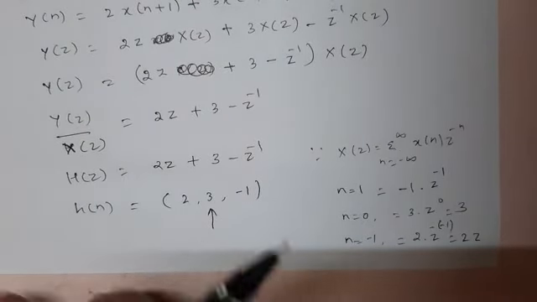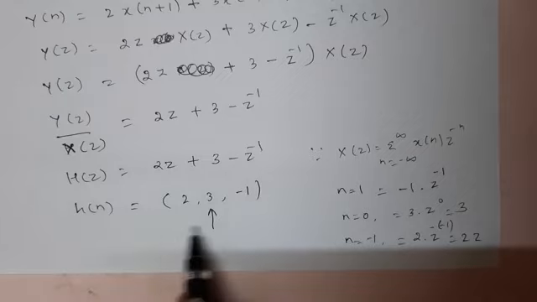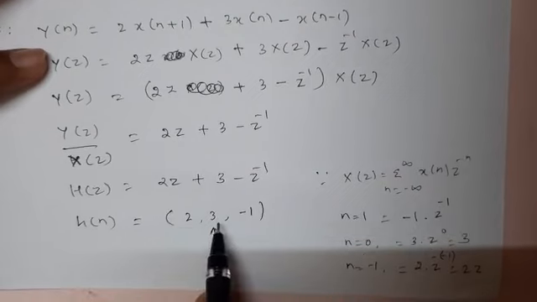Now with this you have to tell whether it is causal and whether it is stable. H of n is 2, 3, minus 1. What does the causality property state? It states that h of n is equal to 0 for n less than 0.